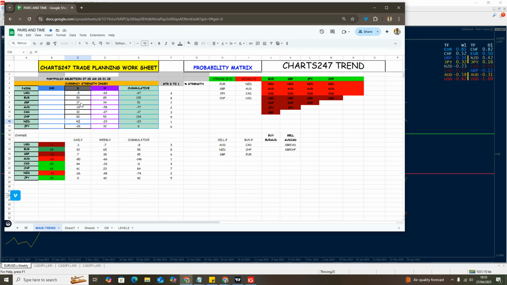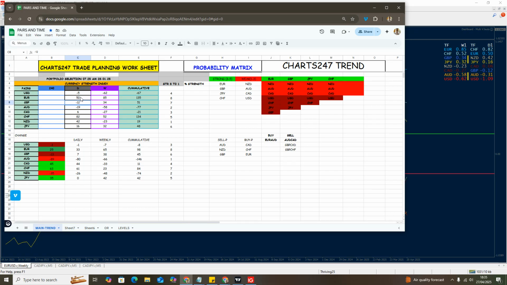So let's quickly finish this. Then followed by JPY, which is 16. The next one is the Canadian, which is 0.66, followed by pound minus 12. And the same thing can be said for the pound as well, because it's positive on the weekly but negative on the daily.